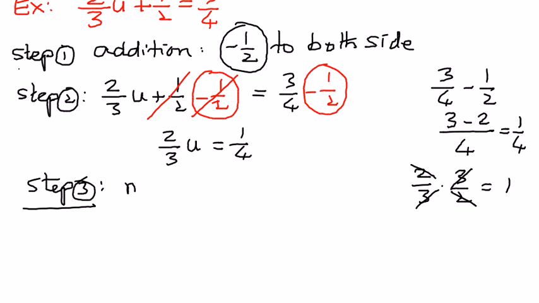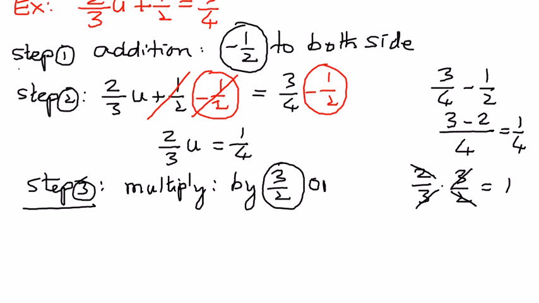So we're going to multiply by the reciprocal, which is the reciprocal of 2 over 3, which is 3 over 2, on both sides. And when we do that, this is what we are going to see.